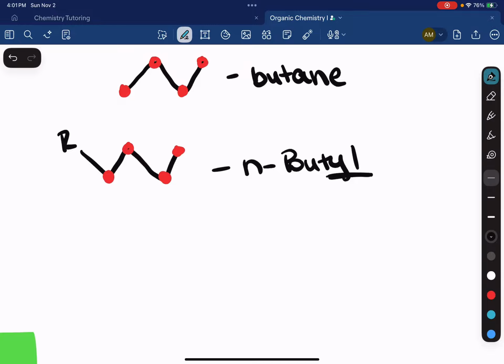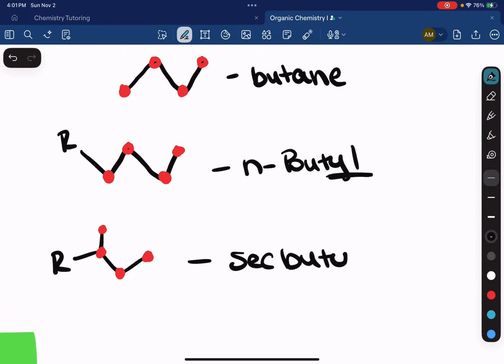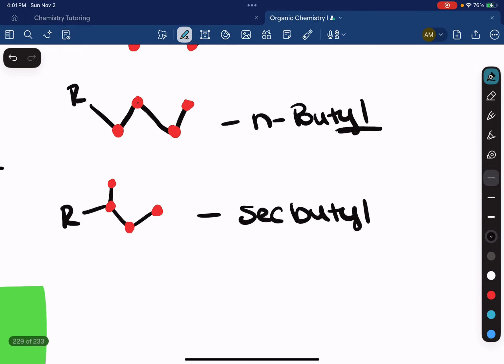Then we've got R group here. 1, 2, 3, 4. This is called sec-butyl, because it kind of intersects the 4 carbons, right? Then we've got our group here.